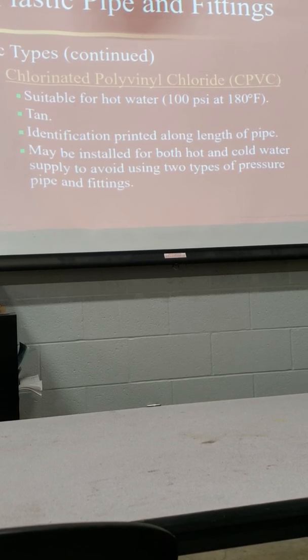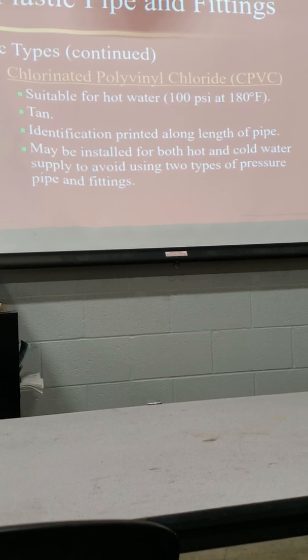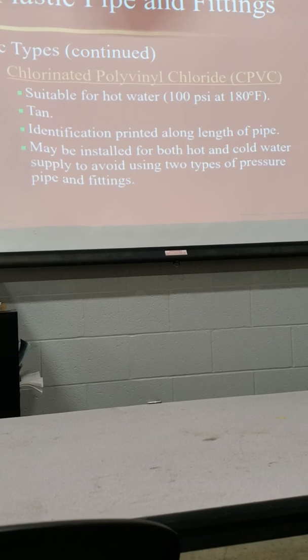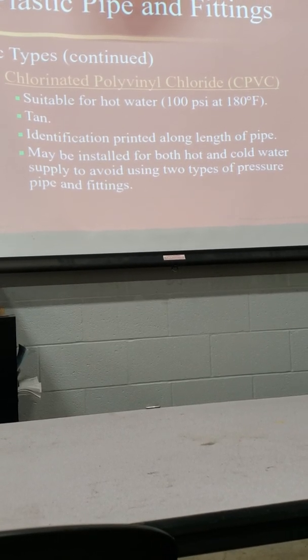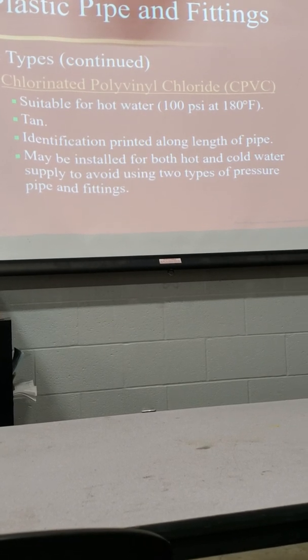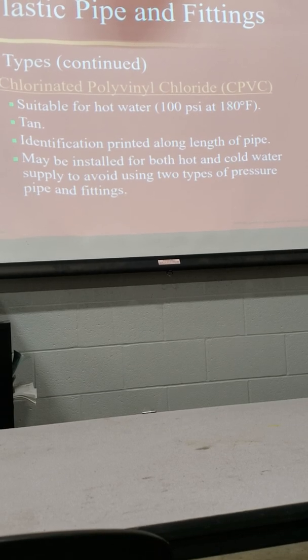Schedule 40 PVC is not made for water distribution throughout the house, so we can go CPVC. CPVC is my most disliked distribution pipe, because you're having to glue it together.